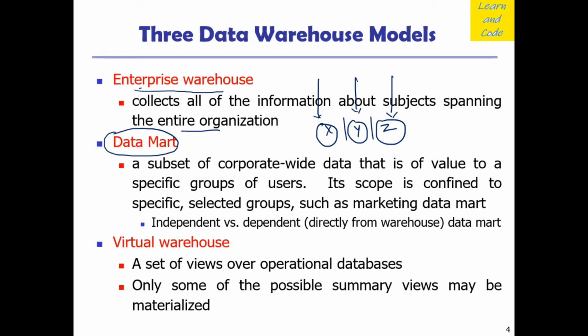So it is a subset of corporate-wide data that is specifically required for a specific group of users. Now these data marts may be independent or dependent. If there is some sort of dependency between the different kinds of data, dependent data marts would be there. If there is no dependency, then obviously independent data marts would be there.